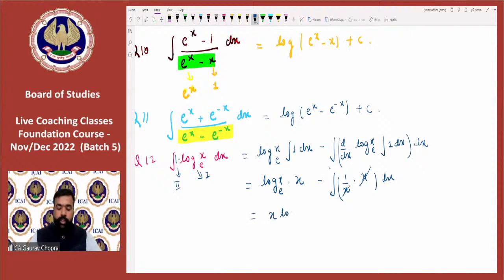So we are left with x log x base e minus x, and at last the constant c. So this becomes the final answer. This is a bit different one. Whenever log x is there, we have to integrate, take the second function as 1, and then do the integration process.